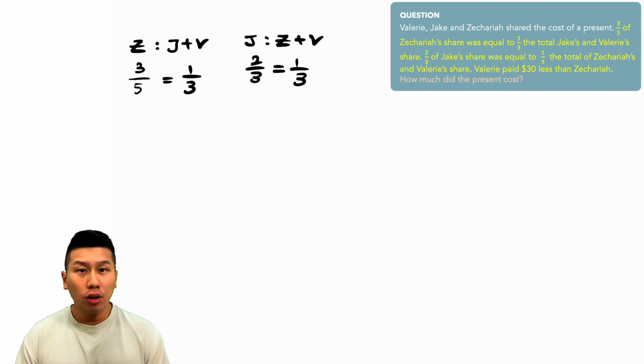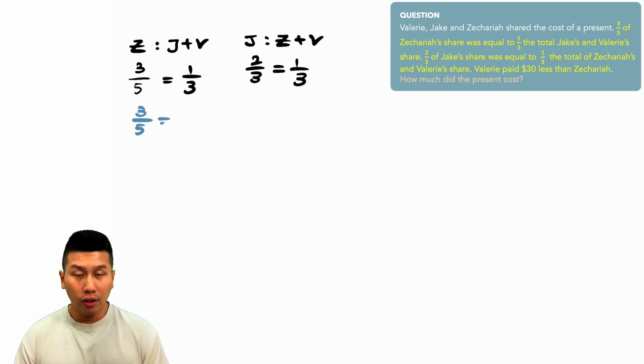And since the least common numerator here is 3, we need to multiply 3 to both top and bottom of the fraction. So 3/5 did not change. So we will just write down 3/5 here, being equal to the changed one, which is 3/9.